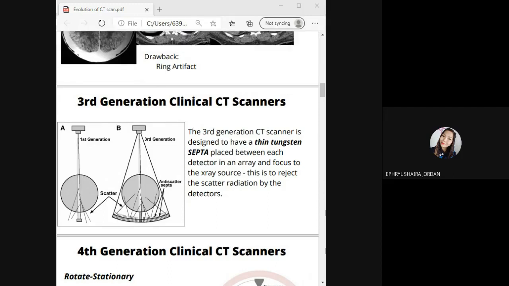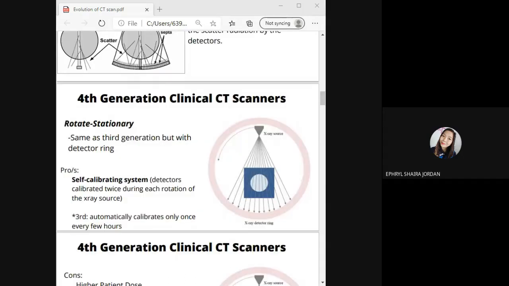Okay, so let's move on to the fourth generation. So, to combat the flaws of the previous generation CT, it was modified, di ba? Ang problem nila is ring artifact, di ba? So, the fourth generation was modified to use a stationary detector in the form of an enclosed ring surrounding the entire patient.